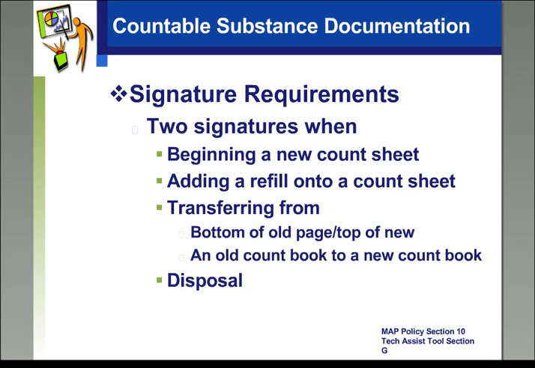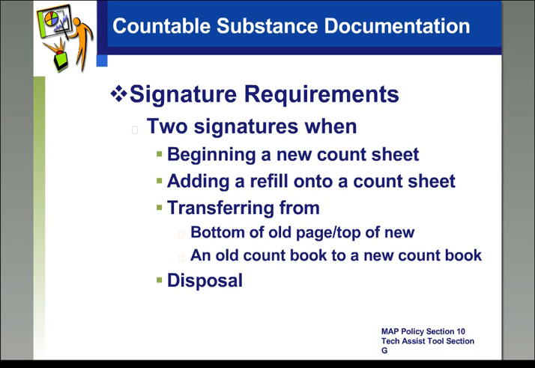When transferred, I look for 2 signatures at the bottom of the completed page and should see the same 2 signatures at the top of the newly transferred page, and that the amount of medication left on the full page is the same as the amount transferred to the new page.